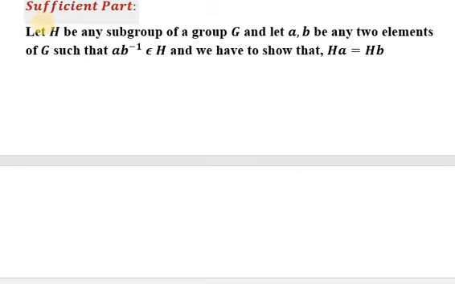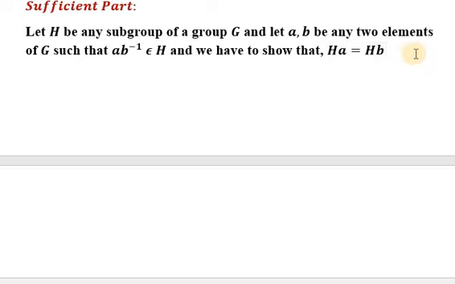Sufficient part. Since it is nothing but the converse of the theorem, let H be any subgroup of a group G and let a, b be any two arbitrary elements of G, such that ab inverse belongs to H, and we have to show that Ha is equal to Hb.